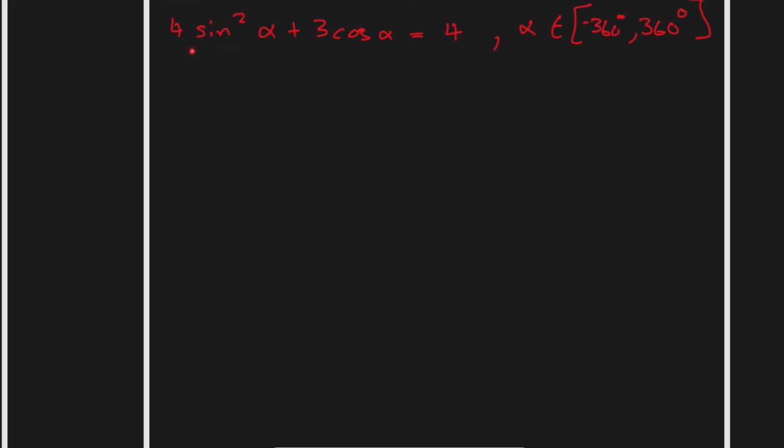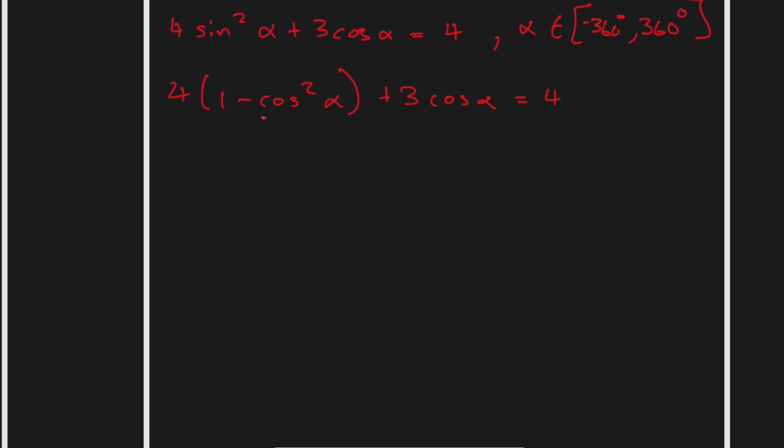Sine squared alpha can be written as 1 minus cos squared alpha. So that is the first thing we're going to do. We're going to change this to 1 minus cos squared alpha.